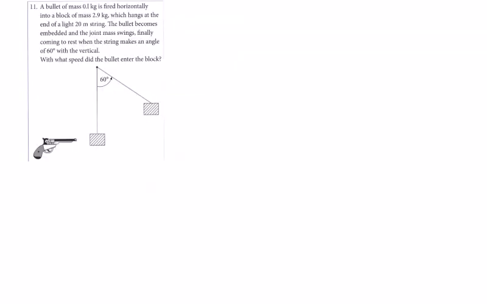Question 11, we have a bullet of mass 0.1 fired horizontally into a mass of 2.9. So it becomes embedded. So we're looking at the joint mass here is going to be 3 kilos. So I think we need to work backwards here. If we have mgh plus a half mv squared, I think we'll be able to get the speed. It comes the second speed first. So let's have a look at this.